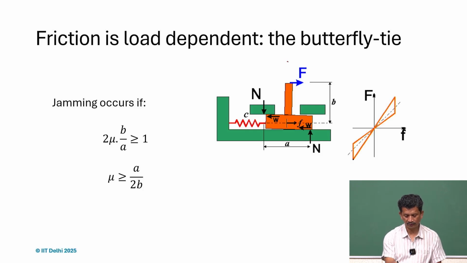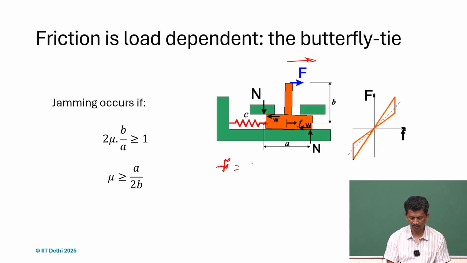if we apply force F but it doesn't move? So doesn't move means there is no deflection, and this F is balanced by 2W, which is 2 mu n, right?